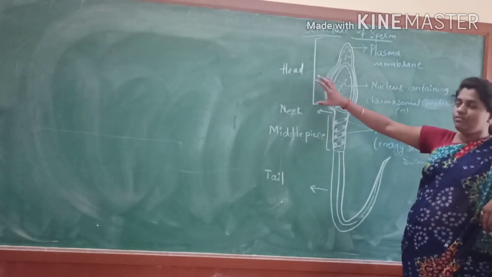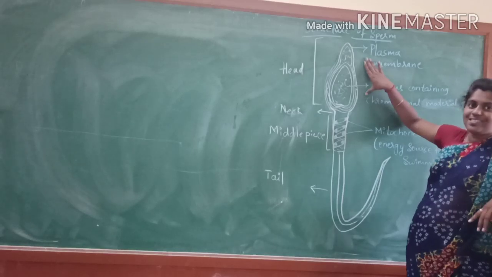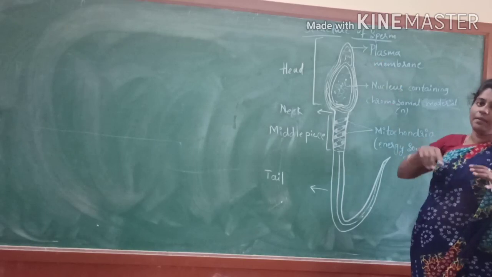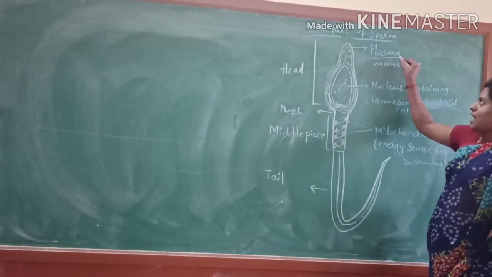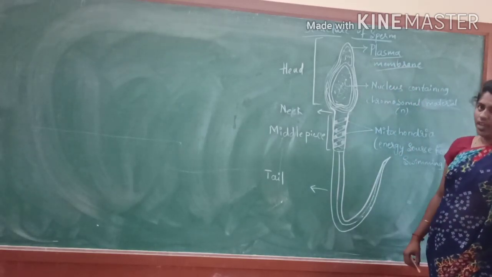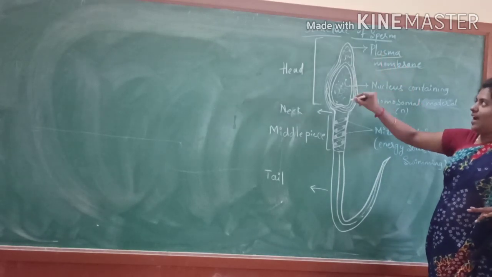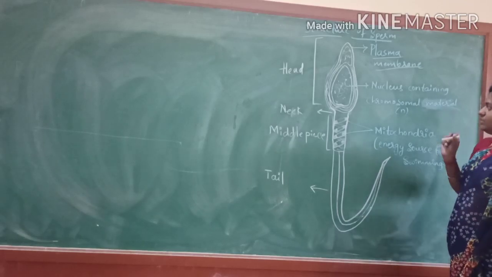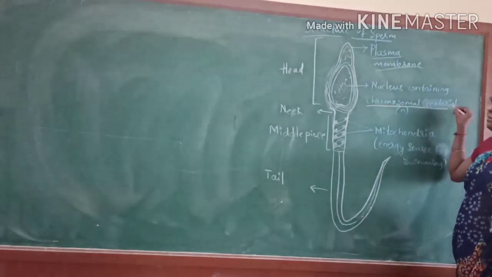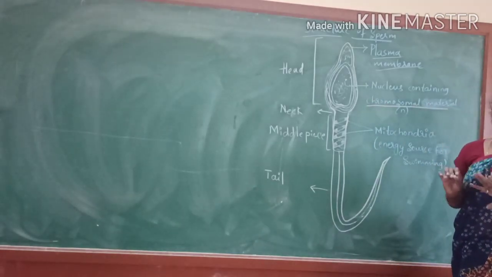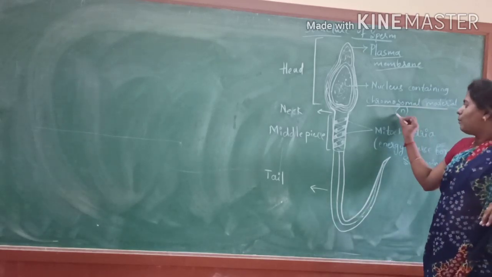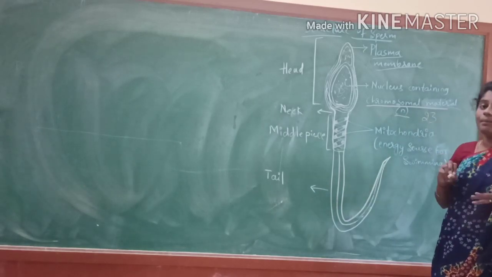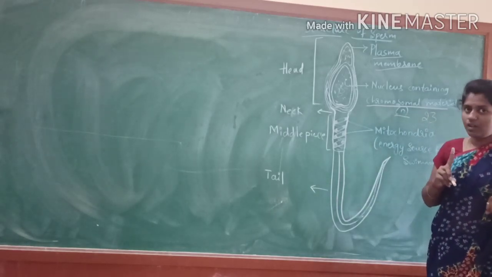Head, which means the main part. This head is covered by a membrane, which we call the plasma membrane. The head contains the most important factor, the chromosomal material, which is nothing but DNA, in a haploid number, one set of 23 chromosomes, right?